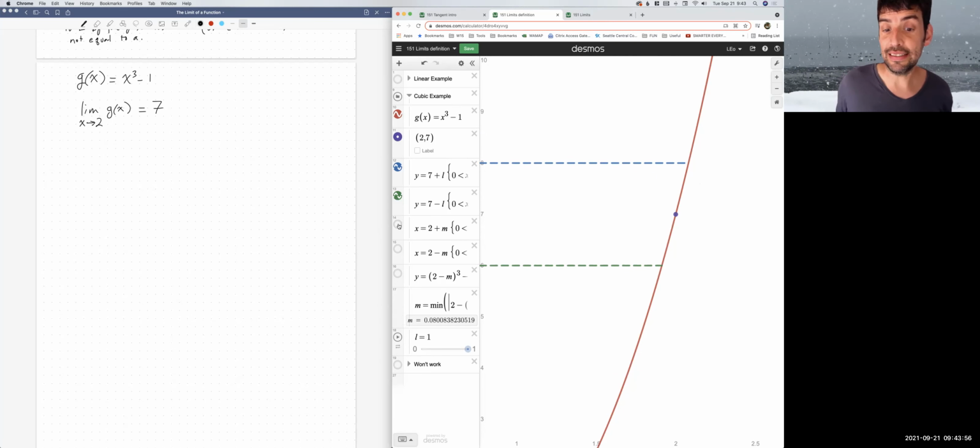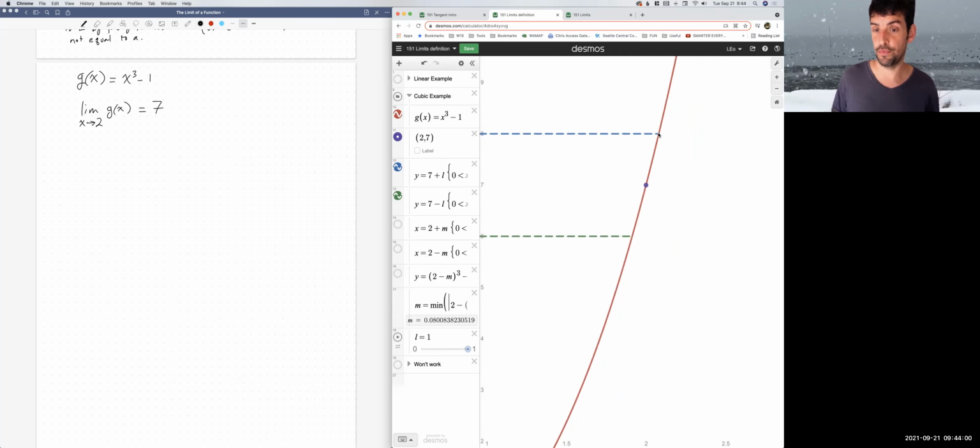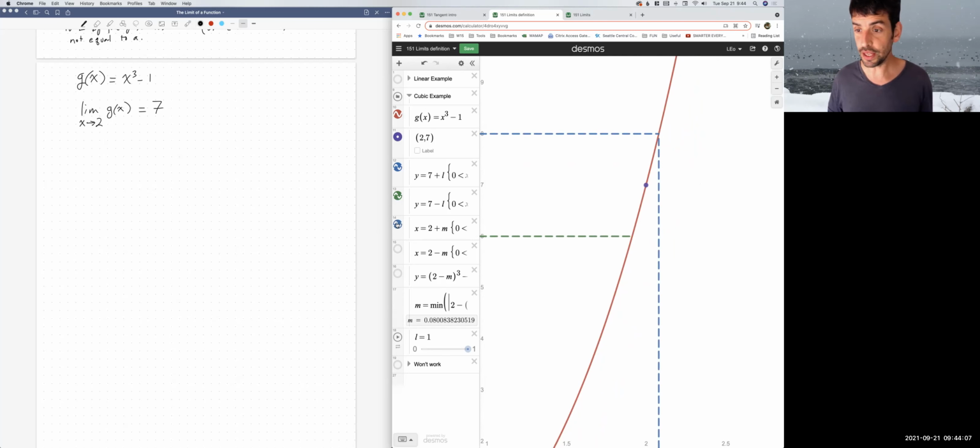Well, I can insist on these bounds. Let's look at 8, for instance. Looking at the graph, if I go straight down, we'll hit the x-axis at a little bit above 2 in the case of the function value 8.